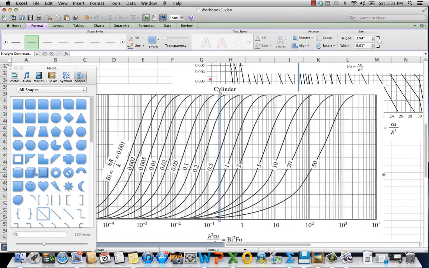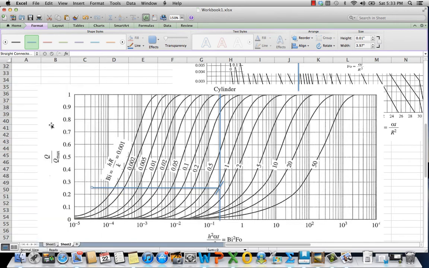So there's 1.15. I'm looking at something 15% of the way between those two, so kind of right in there. And taking that intersection and going straight across. Okay, looks like it's about 0.26.